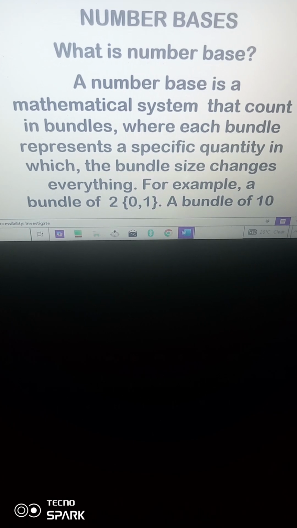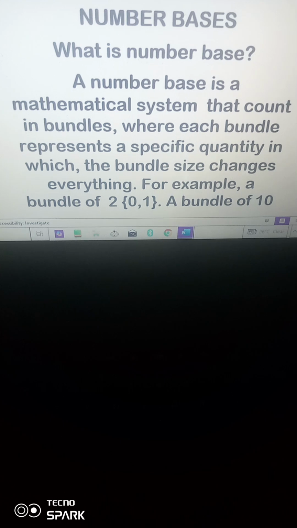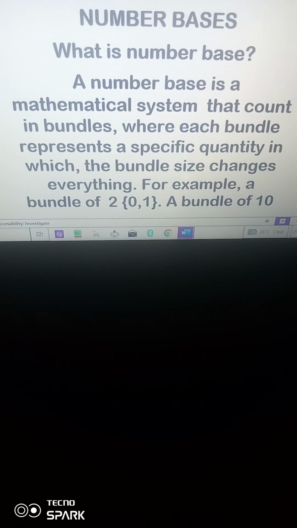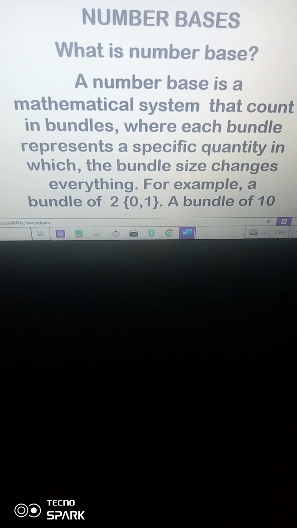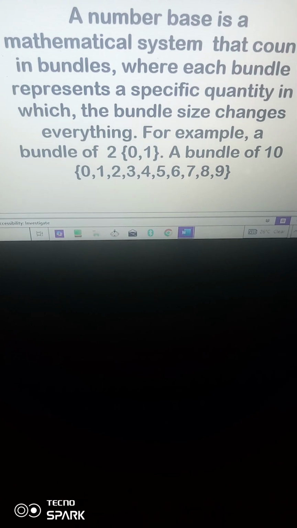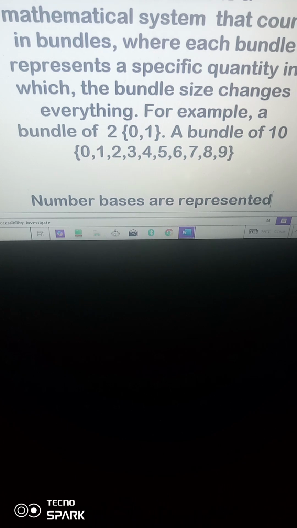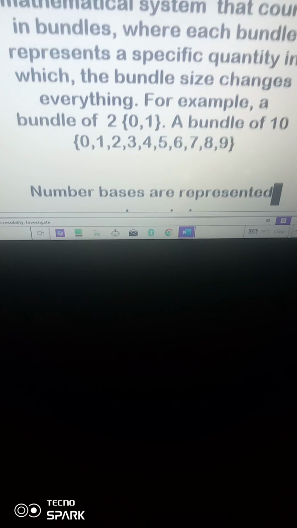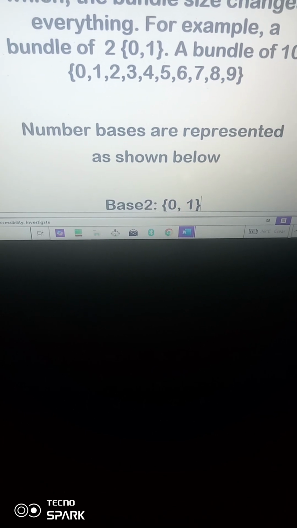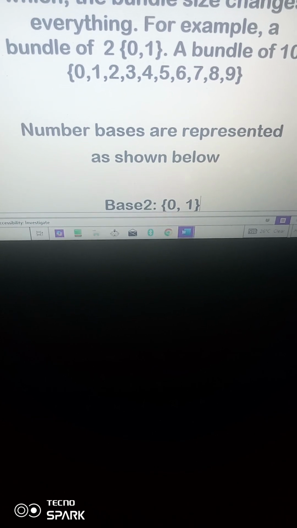For example, a bundle of 2 is represented by two digits, 0 and 1, and a bundle of 10 is represented by 0, 1, 2, 3, 4, 5, 6, 7, 8, and 9.